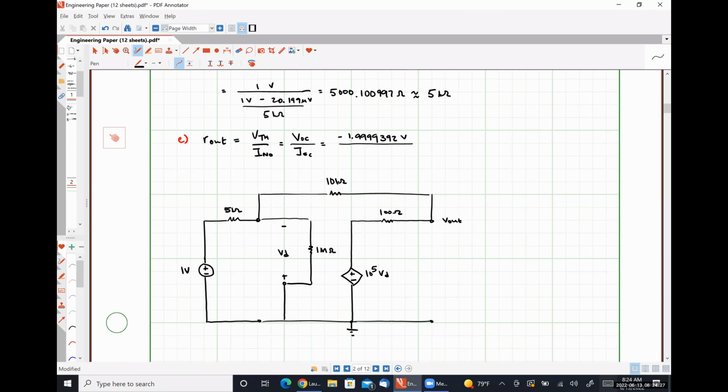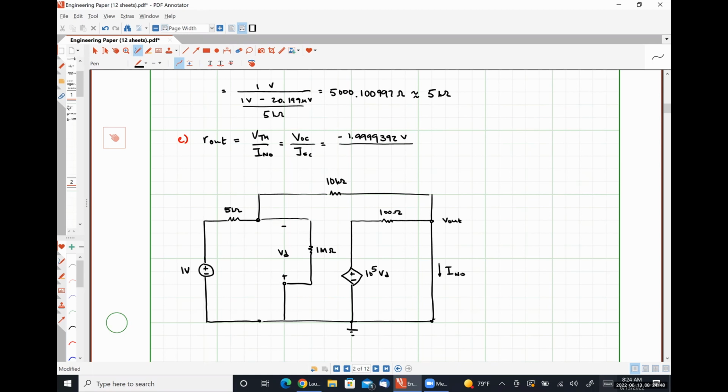Now, because we are determining our Norton current, I'm going to short circuit my output node, and we're going to measure or calculate this current, I Norton.